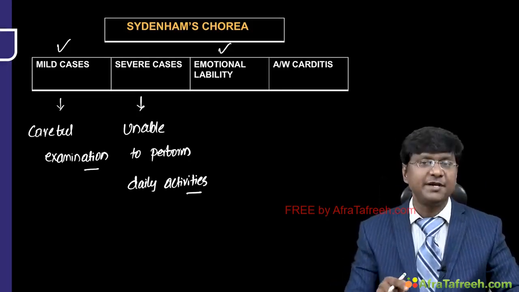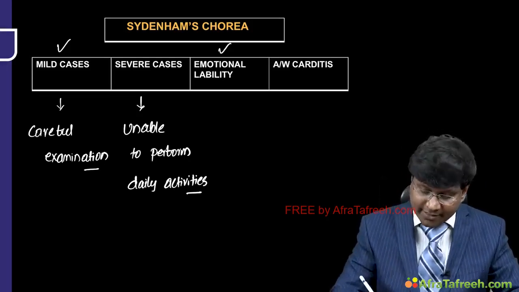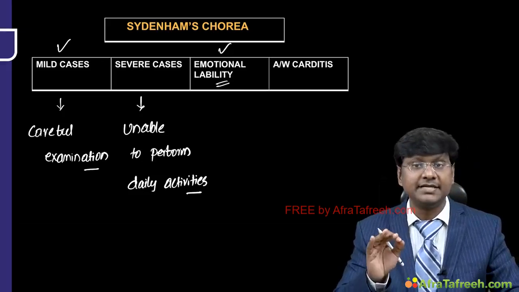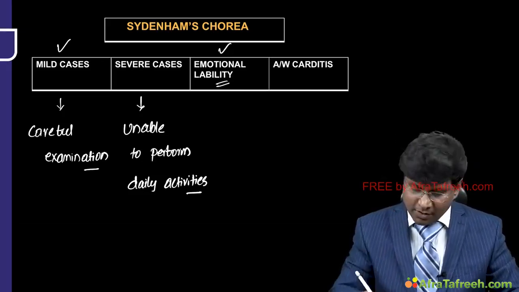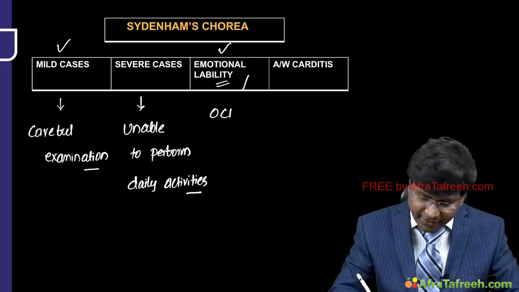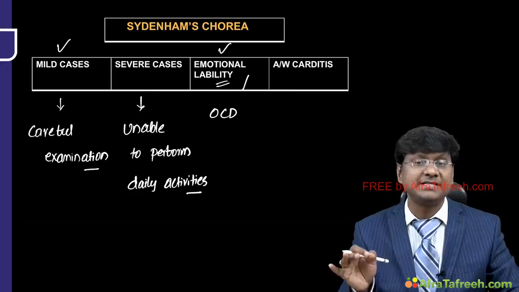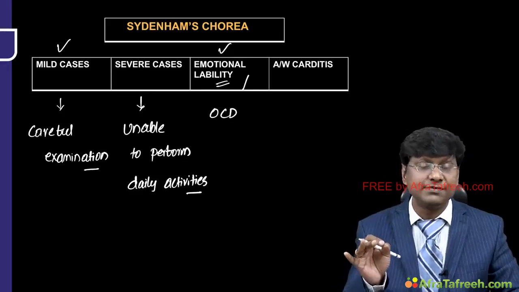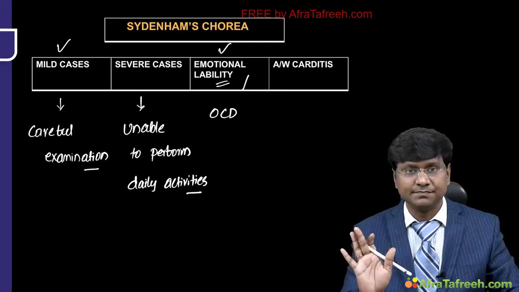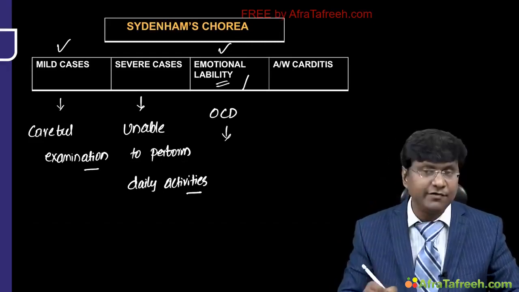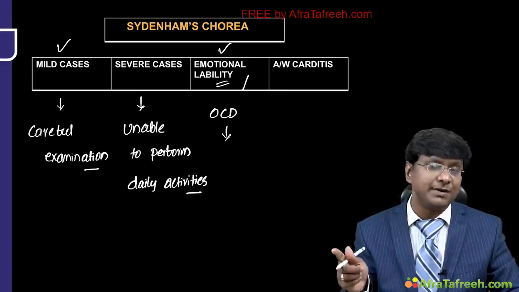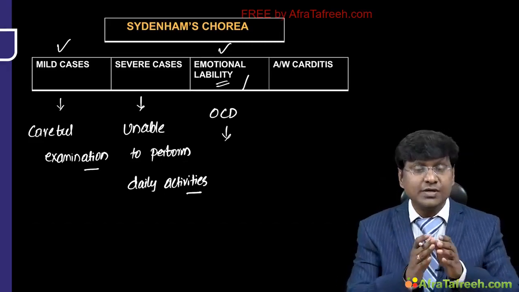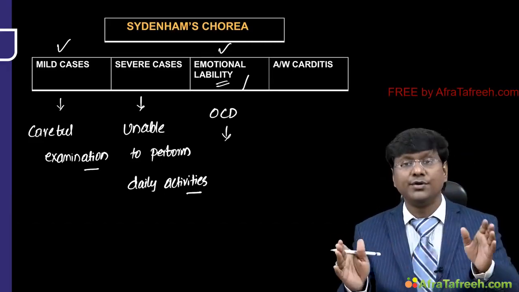And these patients with Sydenham's chorea are also associated with emotional lability, or there can be development of obsessive compulsive traits or obsessive compulsive disease, right? And these choreiform movements or the obsessive compulsive traits can last for a long duration.